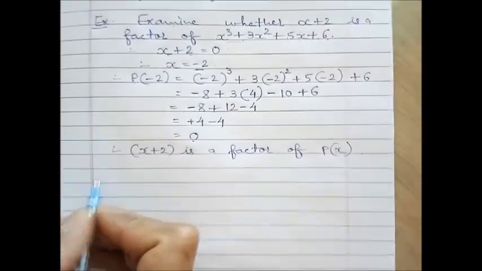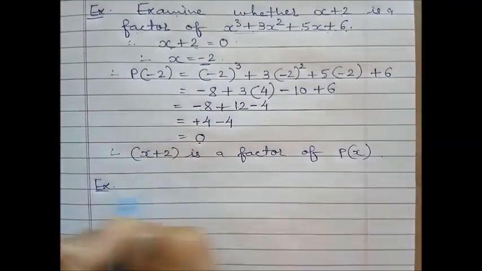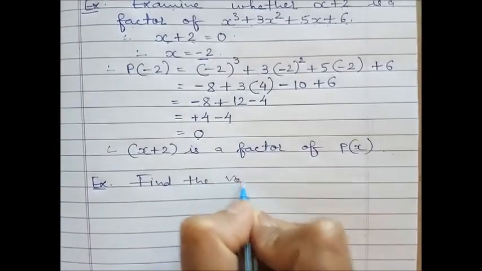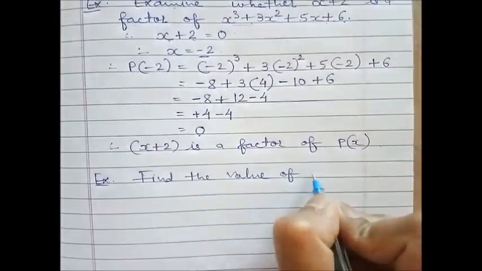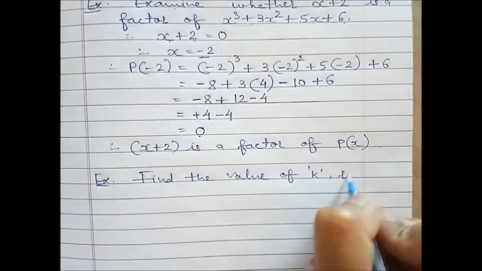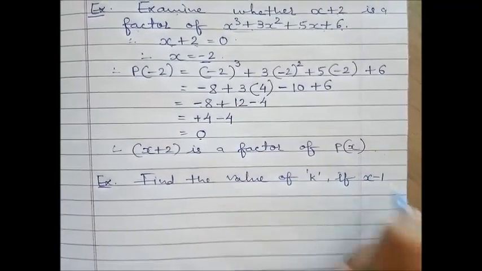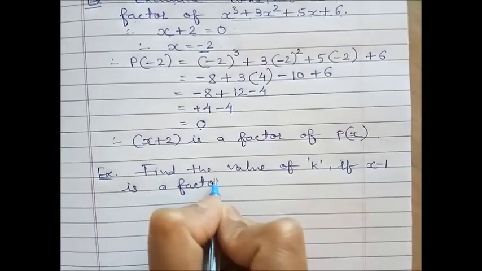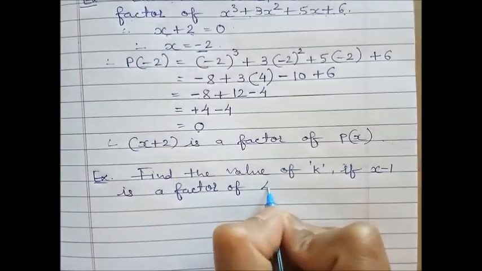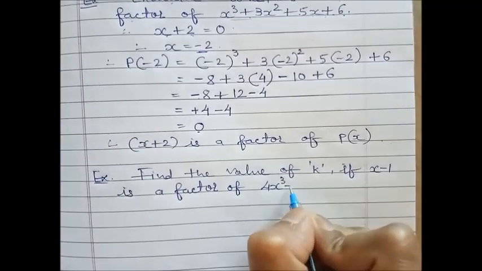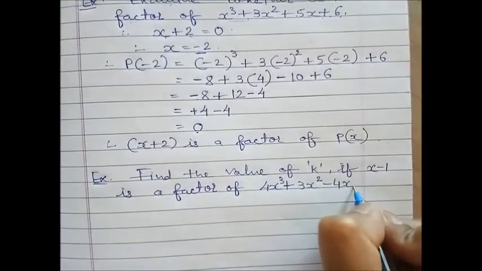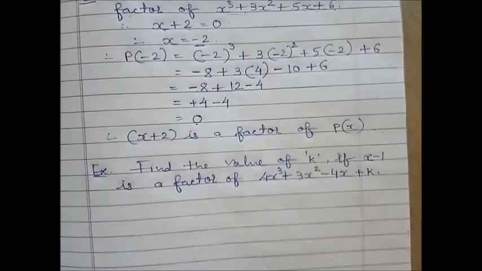Now let's take one more example: find the value of k if x minus 1 is a factor of 4x cube plus 3x square minus 4x plus k.